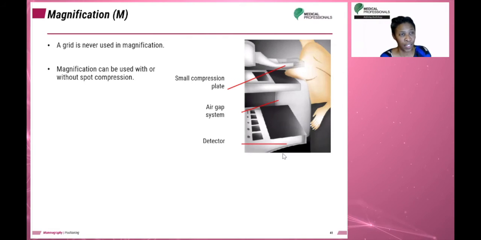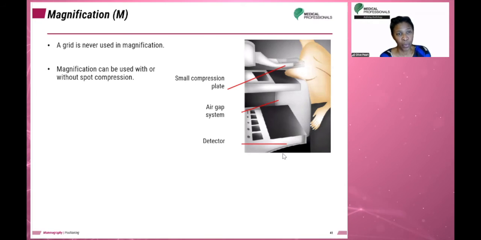Typically for magnification, to get a good quality image, they use a smaller focal spot size, a microfocal spot size. It is often done with spot compression, but it could be done without it. But just remember, magnification may not necessarily image the entire breast, especially depending on the breast size.